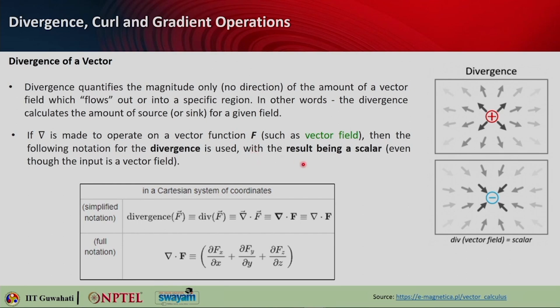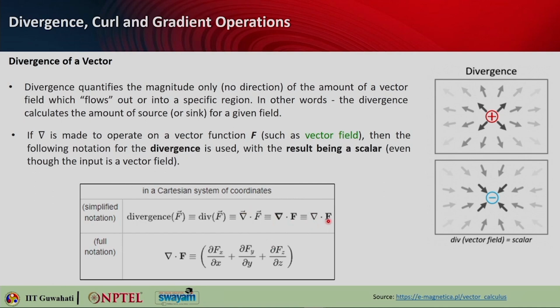So what are the notations? You can simply write divergence of f vector, or in short form div f vector, or you can write del dot f. Again, del can be given as this nabla operator with a vector arrow marking, or you can use boldface, or you can simply write it as del dot f.